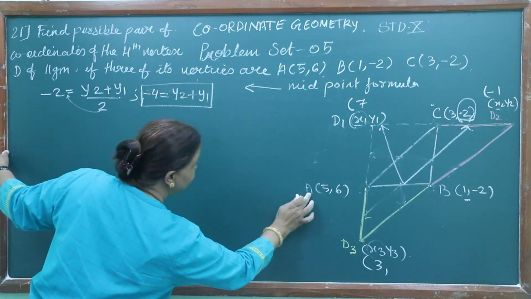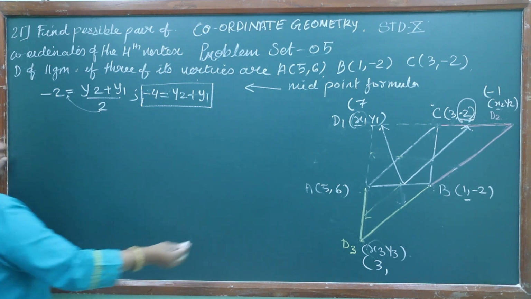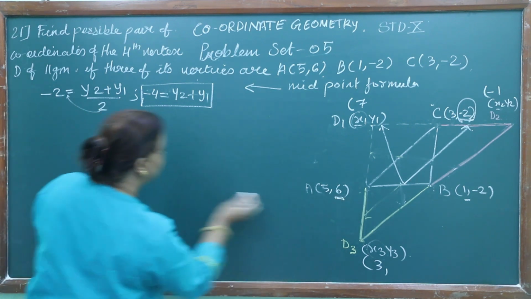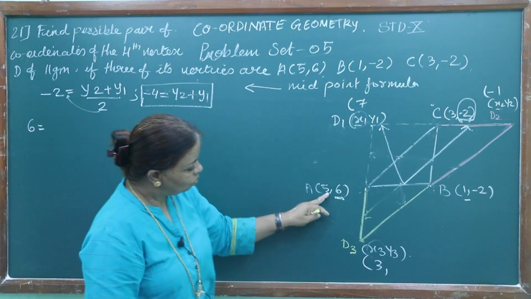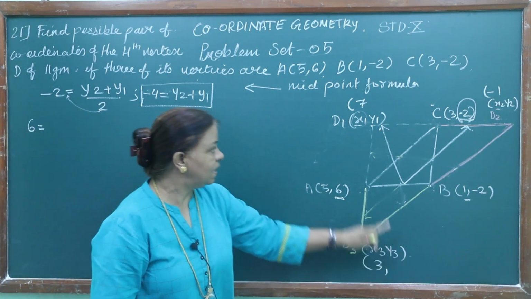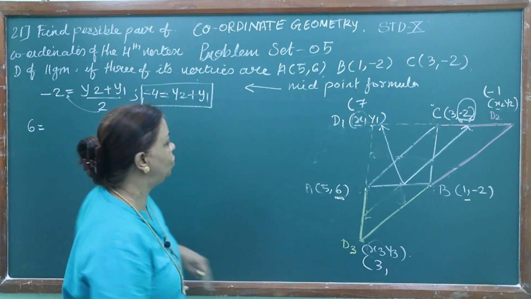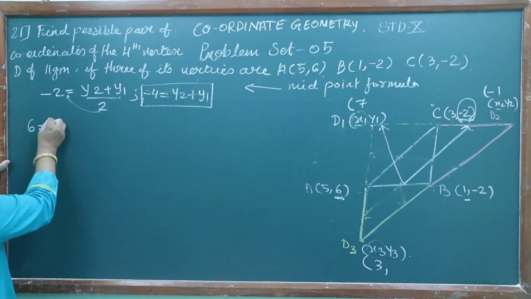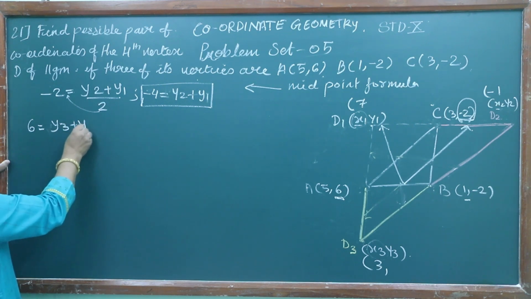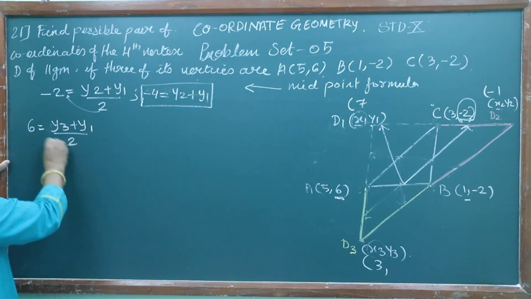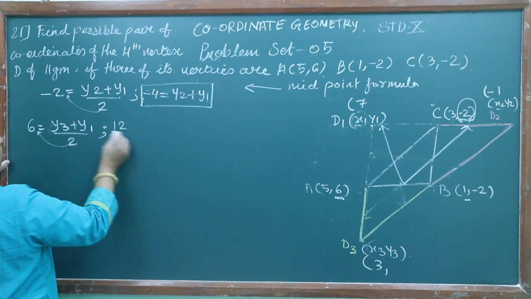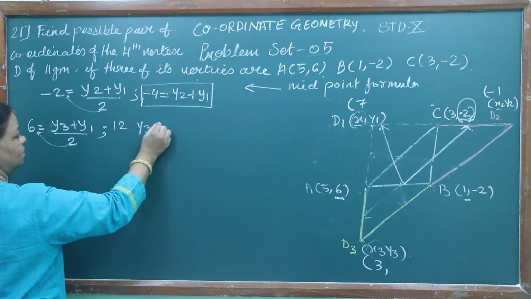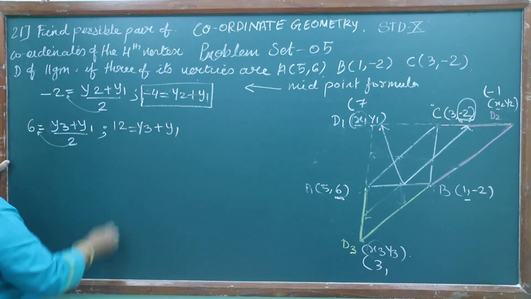Similarly, if A is the midpoint, then the y coordinate of A, that is 6, is equal to y coordinate of D3 plus y coordinate of D1 upon 2. So that will be y3 plus y1 upon 2. 2 will go with 6, that would be 12. That is y3 plus y1.